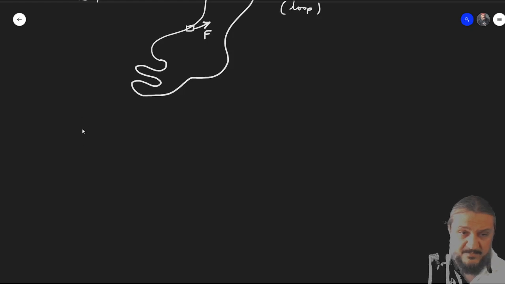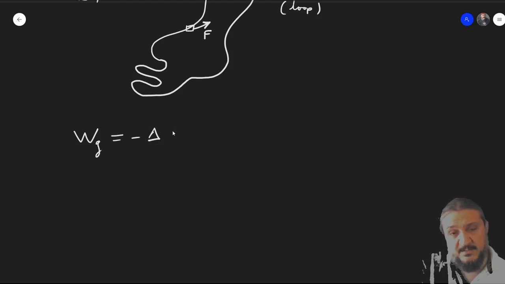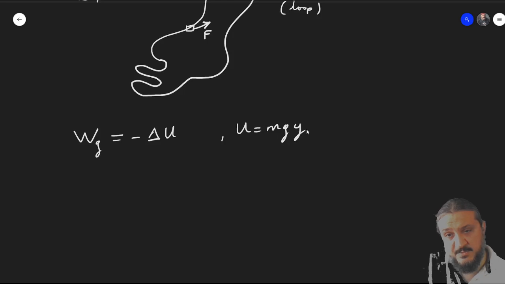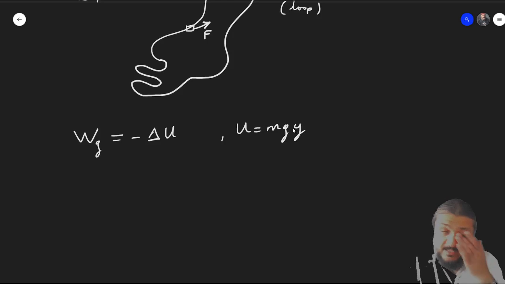Remember, we ended up, almost half an hour ago, with this equation here. The work done by gravity when the object falls down was equal to the change in the value of U, where U was defined as mgy, the gravitational potential energy. Okay, that's what it is.